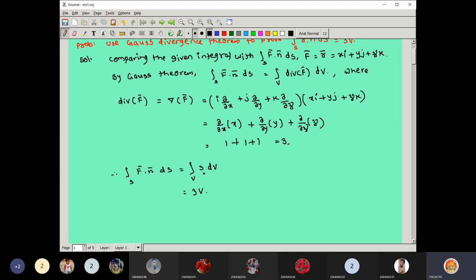Just as the integral of 1 dx is x, the integral of 1 dv is v only. So the final answer is 3v, which is what they are asking in the given statement.